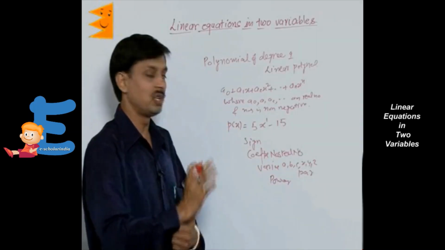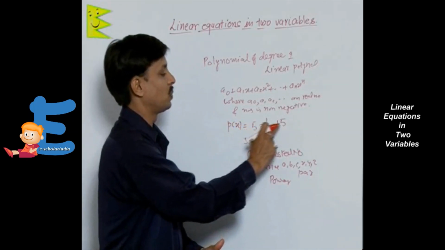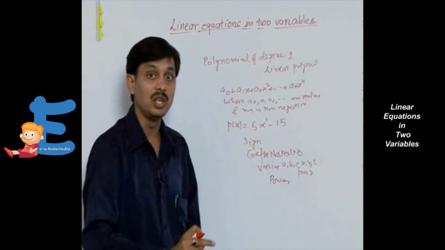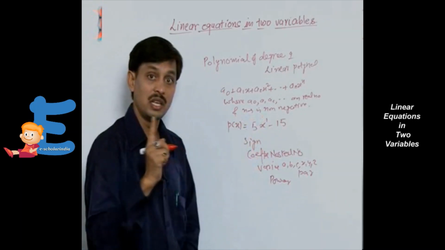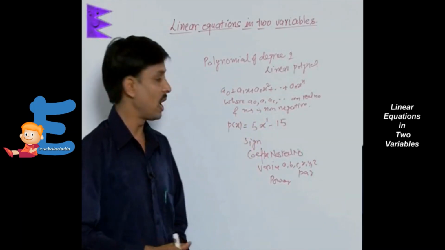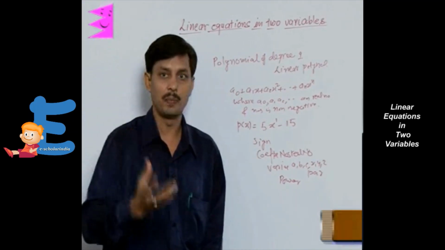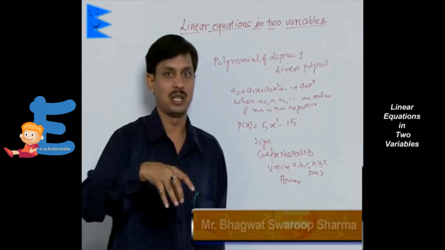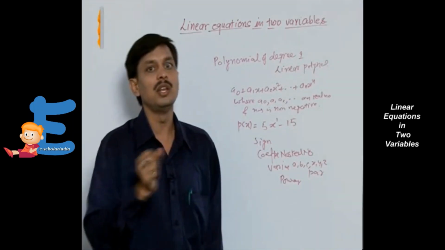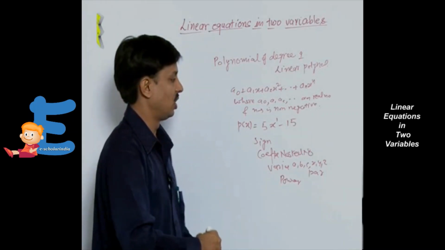So my purpose is to explain that P(x) = 5x minus 15 is a linear polynomial. Why is it linear? Because its degree is 1. Every polynomial of degree 1 is known as a linear polynomial. In case you want to fix the value of that linear polynomial, we can write like this.